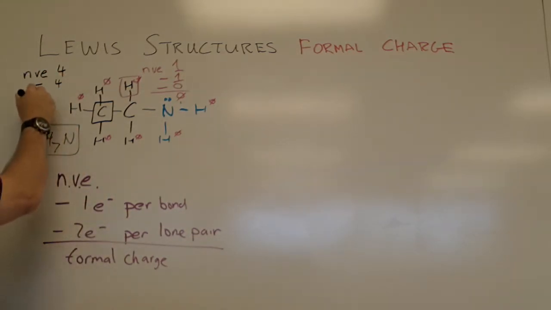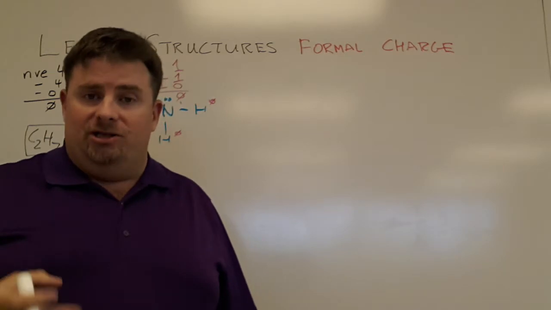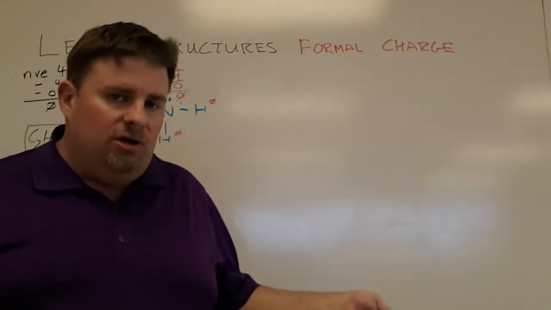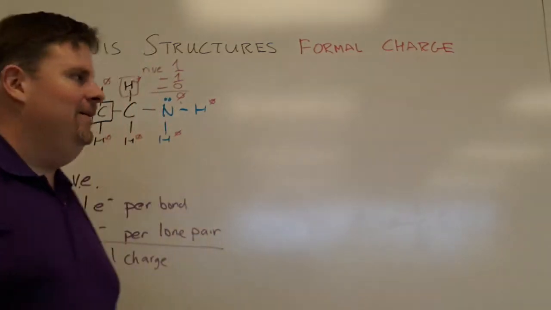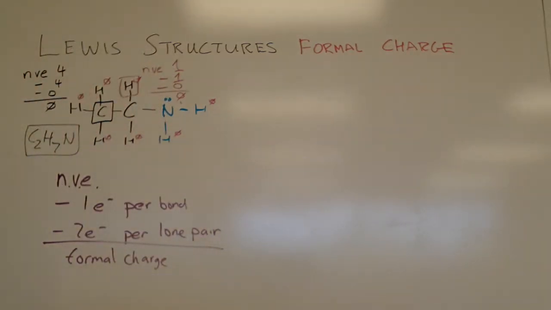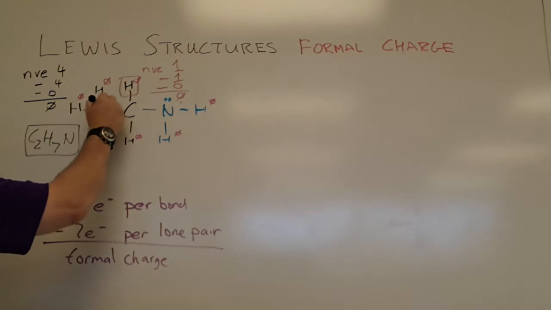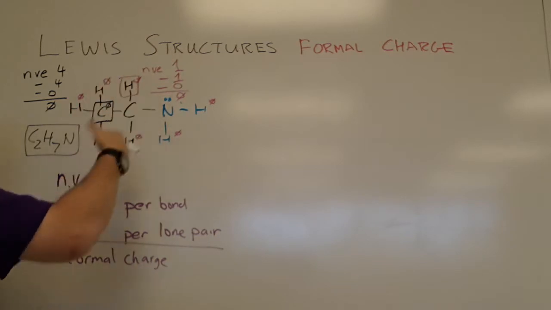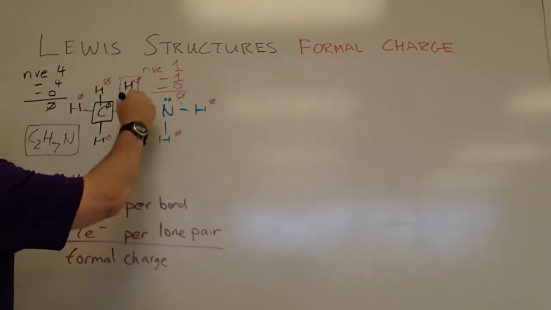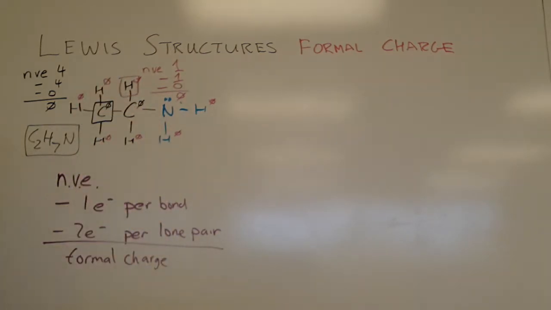Lone pairs are 0, so that's a 0. Anytime you have a carbon with 4 bonds, it's not going to have a charge. There's a pattern developing here: if it's got 4 bonds, it doesn't have a charge. So this carbon is 0. What about that carbon? Does it have 4 bonds? 1, 2, 3, 4, no lone pairs, so the charge on that one is 0 as well.